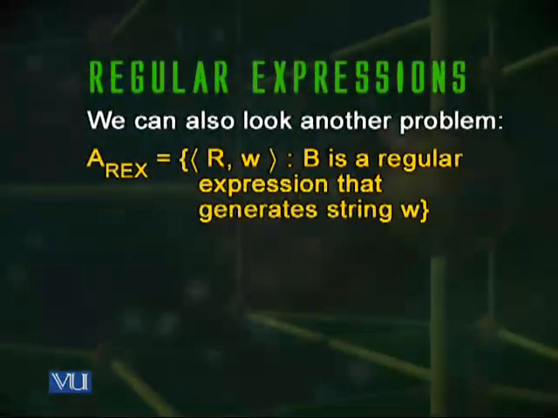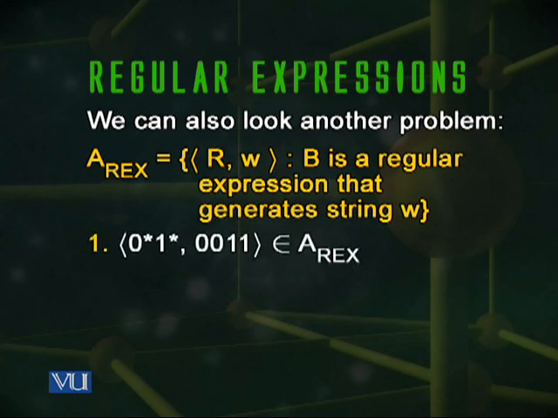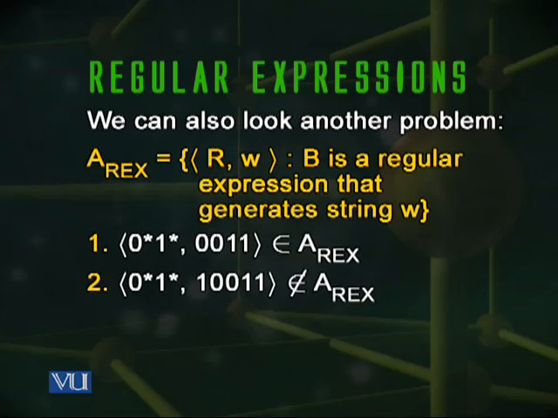So A_REX is the set of all encodings of R, W, where R is a regular expression that generates the string W. So for example, the pair 0*1*, 0011 is in A_REX because 0011 is generated by this particular regular expression. On the other hand, 0*1*, 10011 is not in A_REX because this string is not generated by the regular expression.